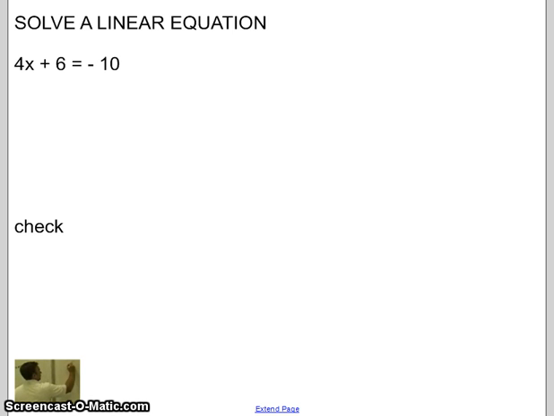Alright. So what I suggest you guys do is we're going to kind of work in reverse. And a good acronym for working in reverse is called DLEAM. Okay. We're going to distribute first. We're going to do like terms.